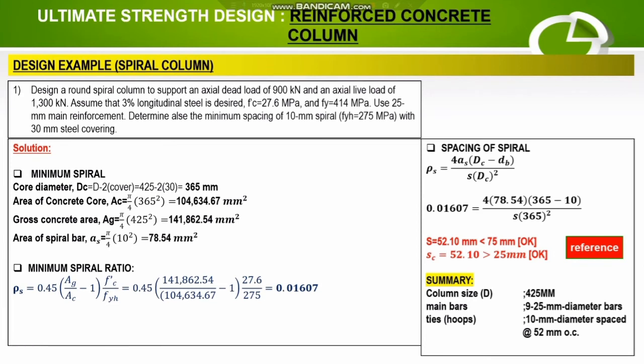so the core diameter, or d sub c, can be derived from the equation: the diameter of the cross section of the round spiral column minus 2 times the cover. It is equal to 425, which is the diameter of the round spiral column, minus 2 times 30 equals 365 mm.